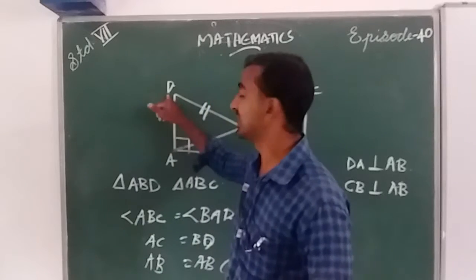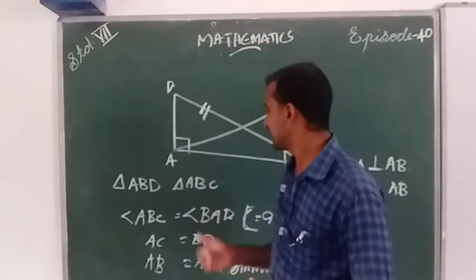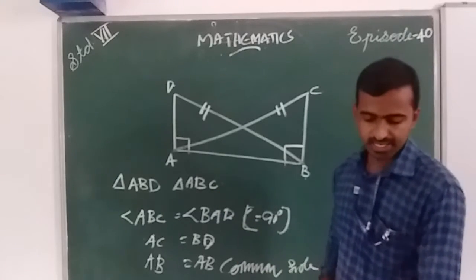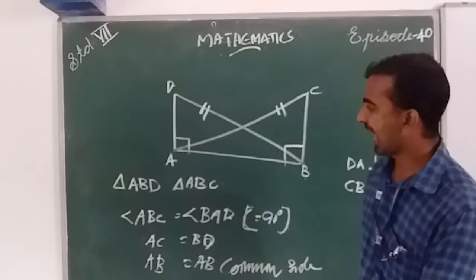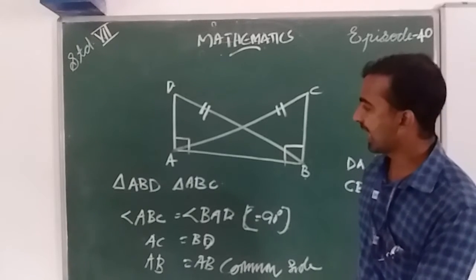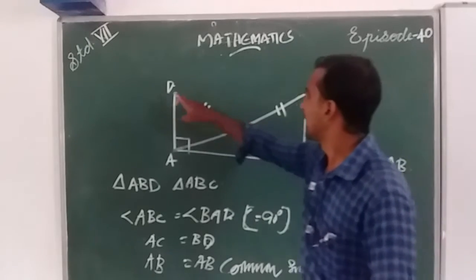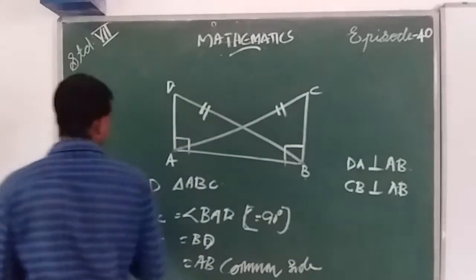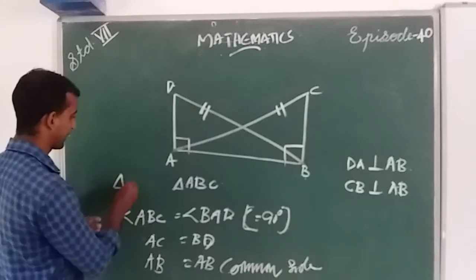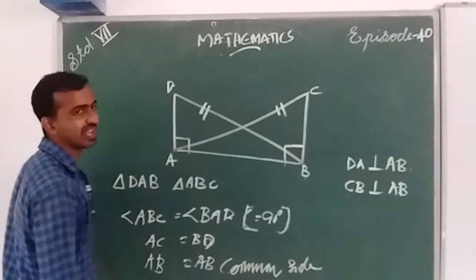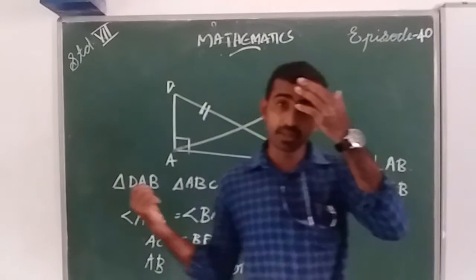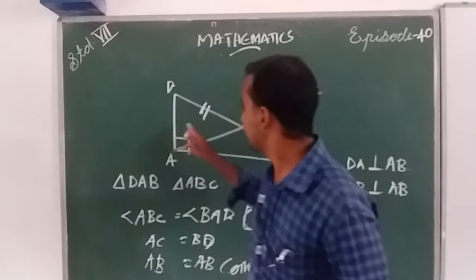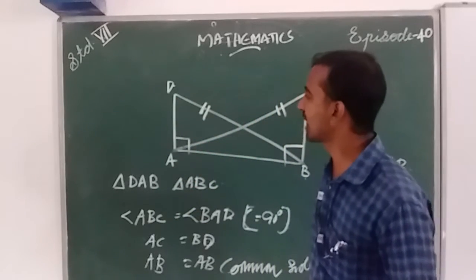One more time, let me explain. When we consider the pair of triangles ABC and DAB, we can rewrite it as DAB, because according to your question, sometimes ABD is also a right angle triangle.